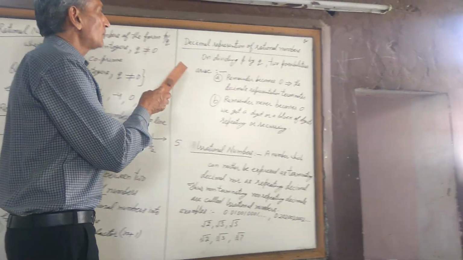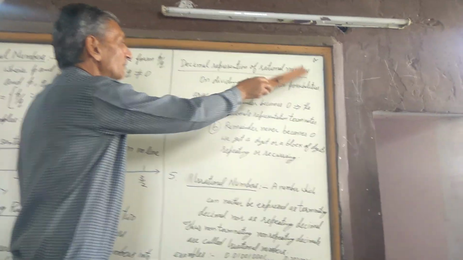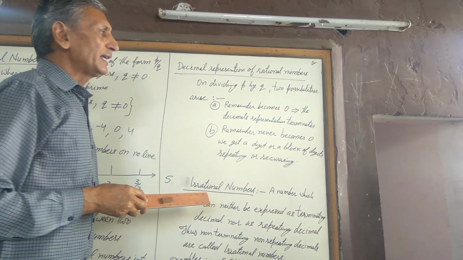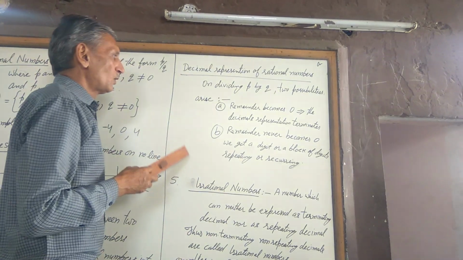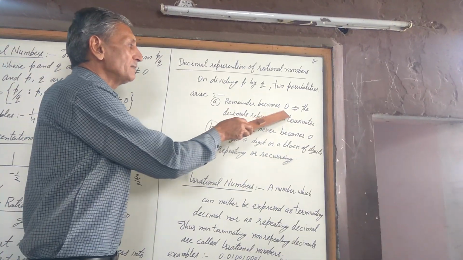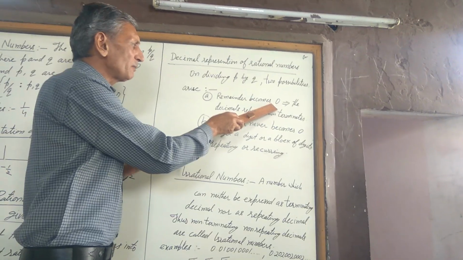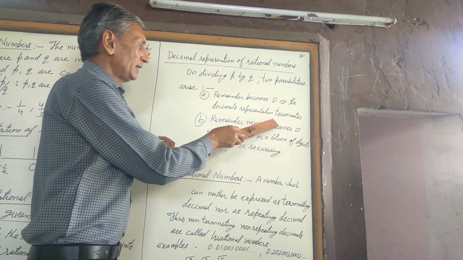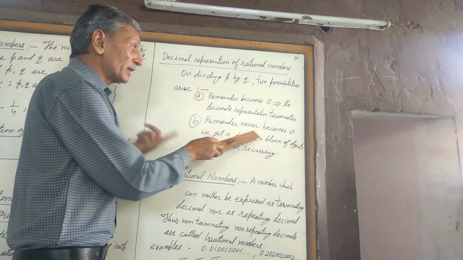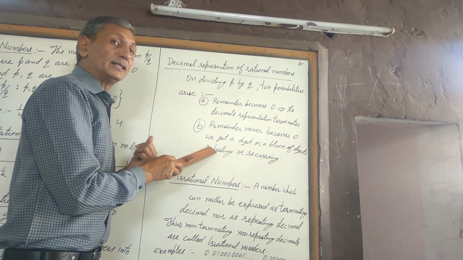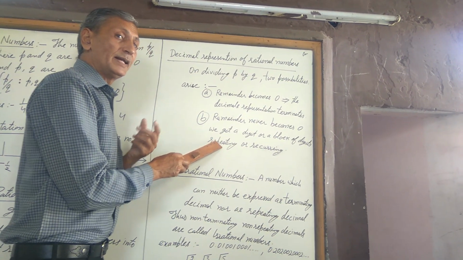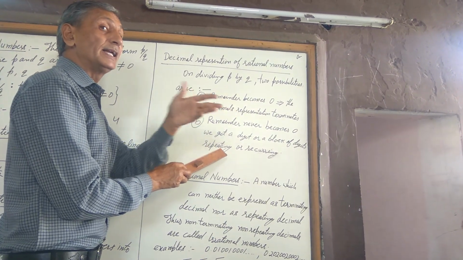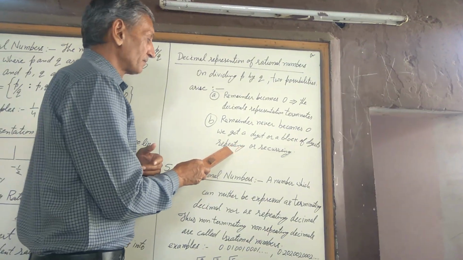We talk about decimal representation of rational numbers. When you divide p by q, there can be two possibilities. One, the remainder becomes 0. If the remainder becomes 0, we call it a terminating decimal. In case the remainder doesn't become 0, then there will be a situation when a digit or a block of digits keeps repeating itself.